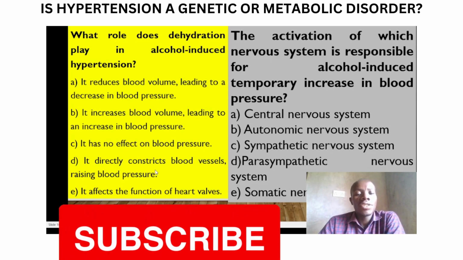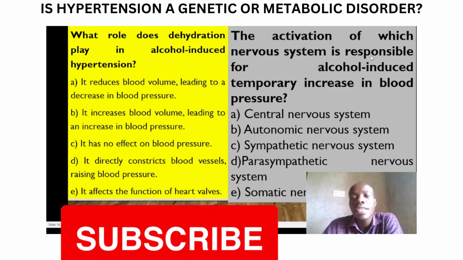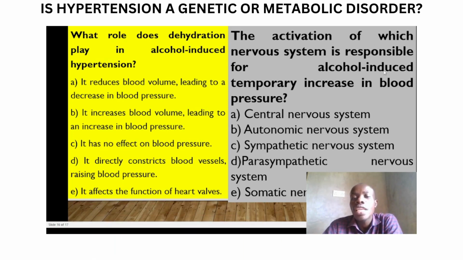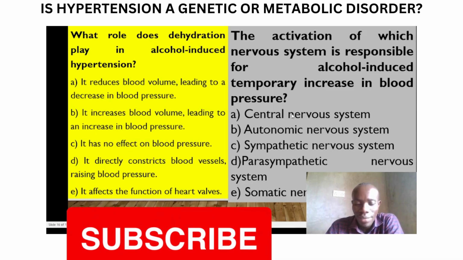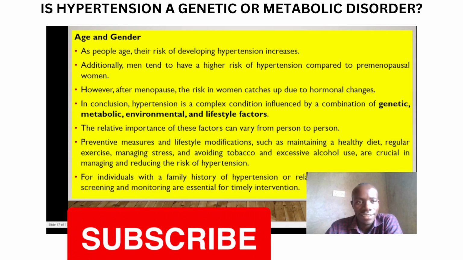It directly constricts the blood vessels, leading to a temporal rise in blood pressure. So the activation of which nervous system is responsible for alcohol-induced temporal increase in blood pressure? The sympathetic nervous stimulation, guys.